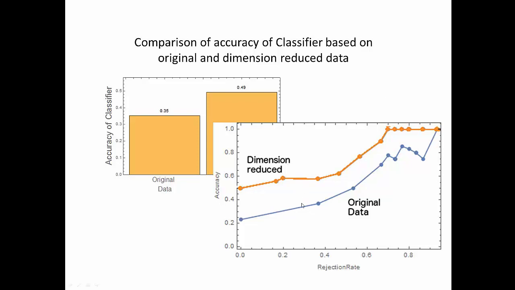We can look at the accuracy as a function of that rejection rate. So you can see clearly the reduced dimension data set is giving a much higher test accuracy. So just to be clear, this is an estimate of the test error. So we're testing on gene expression profiles that weren't used to train the classifier here.